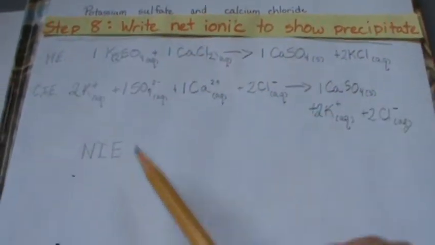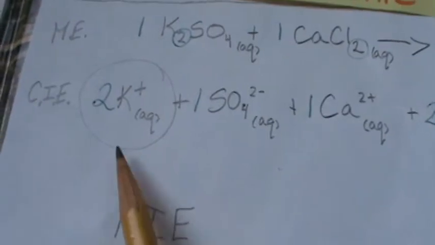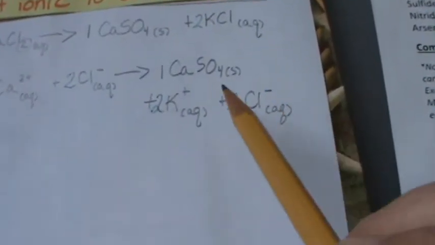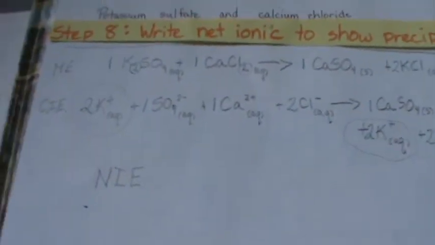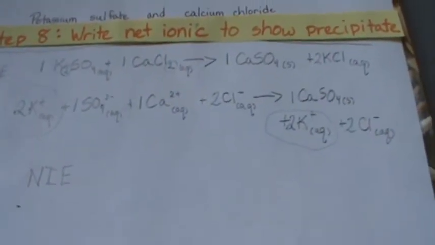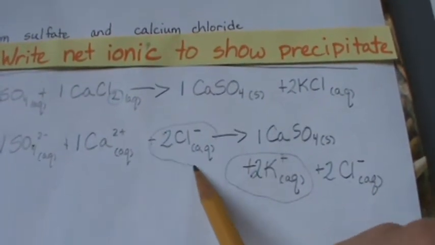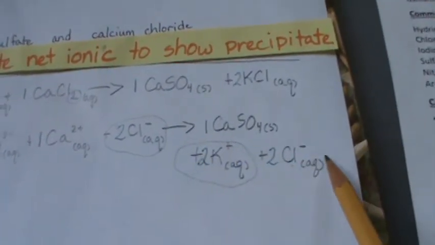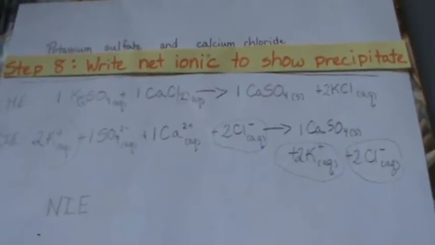Okay. So if you see, look, this 2 potassiums here and 2 potassiums here, those stay the same. So we're not going to include those in the net ionic equation because they are called spectator ions. And then I have the 2 chlorides here and here, so I'm not going to include those either. They are also spectator ions.